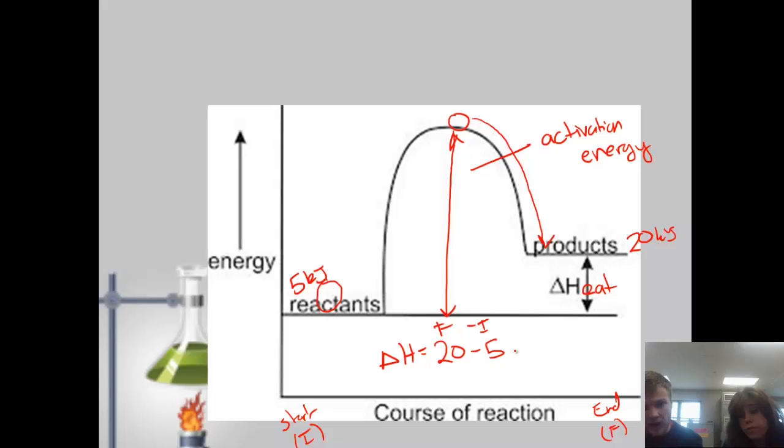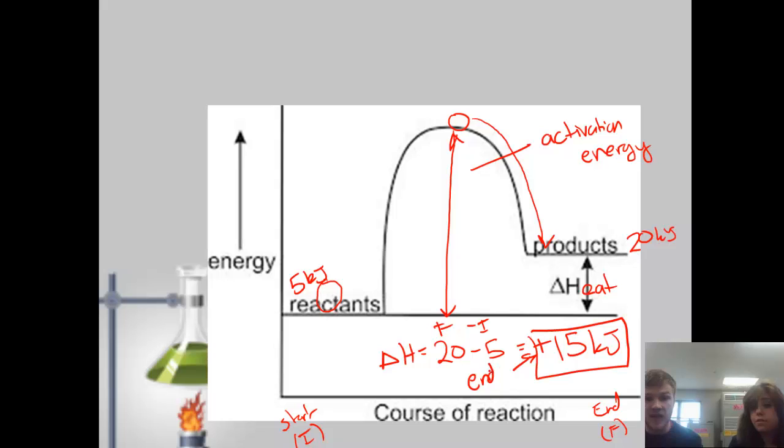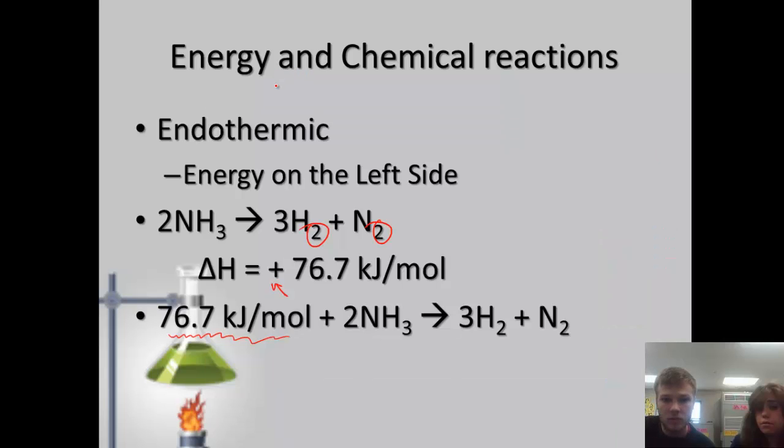So overall, this is a positive 15. That means that 15 kilojoules had to be added from your surroundings into that system for that reaction to happen. And that's why when we write our equation, like we did in the previous one, we have NH3, and we've got to add that energy to the NH3 to decompose it and make our products.